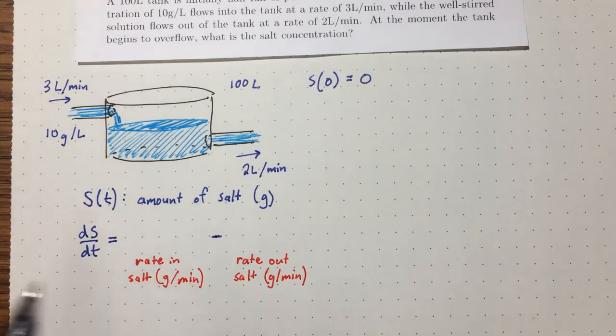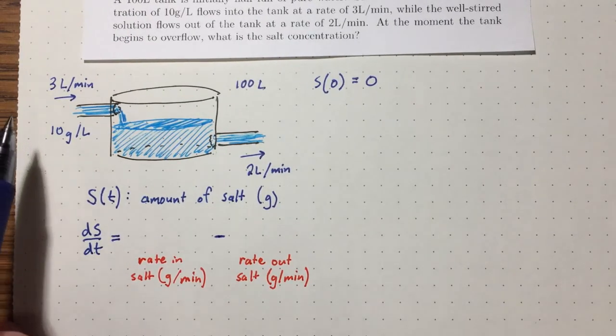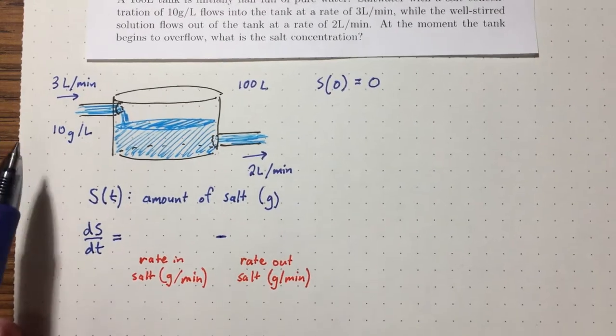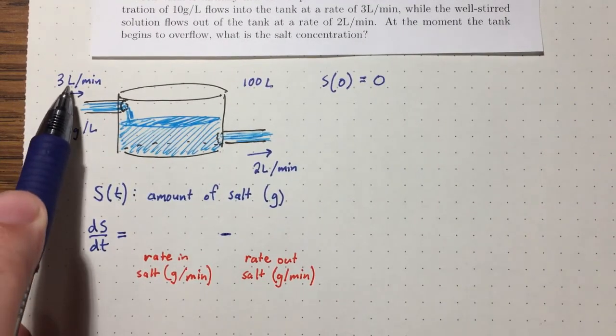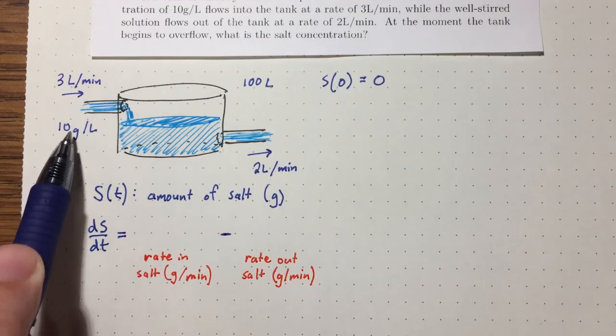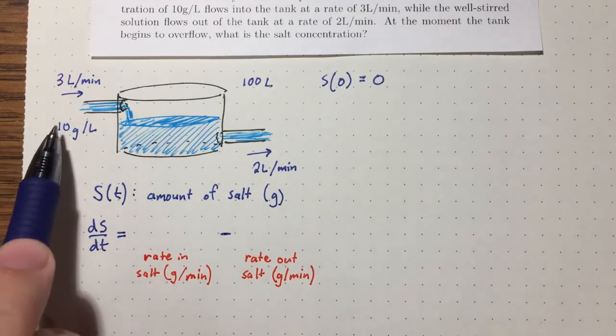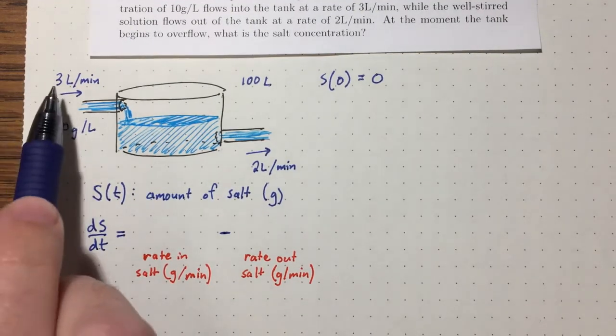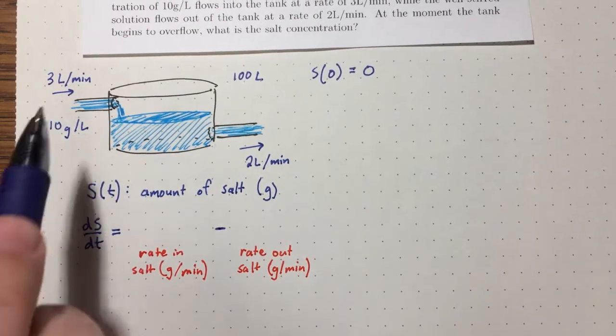Okay, so what is the rate in? Well, we need grams per minute, right? And we know that there are 10 grams of salt per liter. That's the salt concentration of this incoming water. But there's actually 3 liters going in every minute.